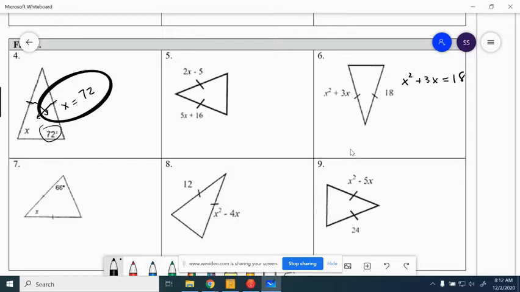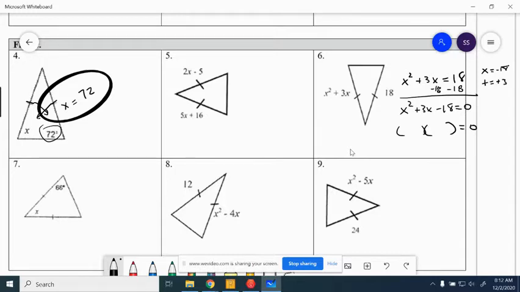So the first thing we need to do here is set this equation equal to 0. I'm going to do so by subtracting 18 on both sides. And I'm left with x squared plus 3x minus 18 is equal to 0. And now I'm going to factor it out. So I'm looking for the two numbers that multiply to equal negative 18 and add up to equal positive 3.